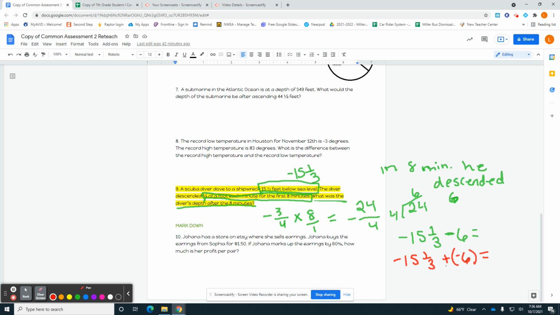So now you're going to follow same sign add, different sign subtract. Okay. So go ahead and pause the video, finish solving that one up. And if you struggled more with this section than the other two sections, you're going to go to the next video and work out those problems. Okay.